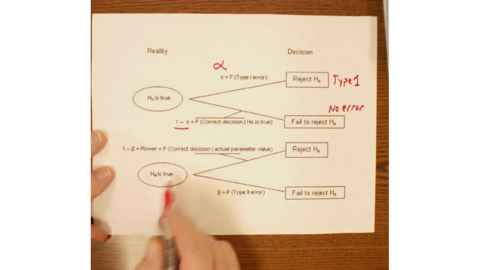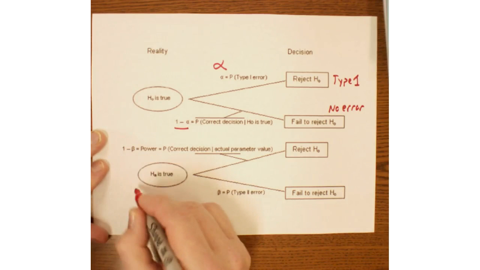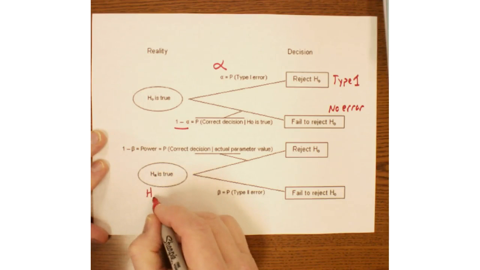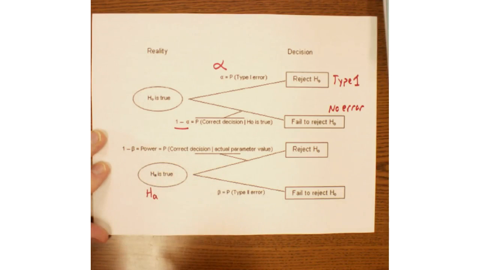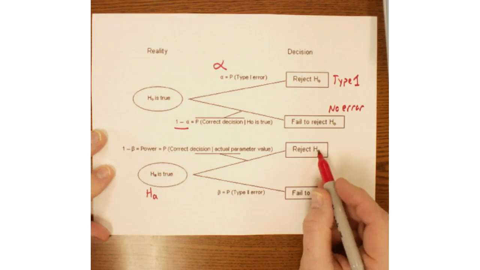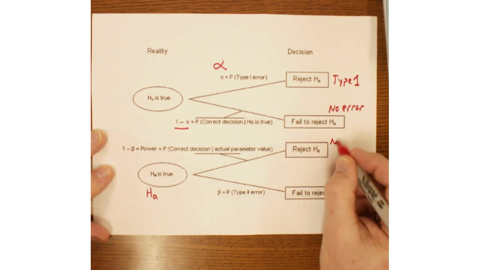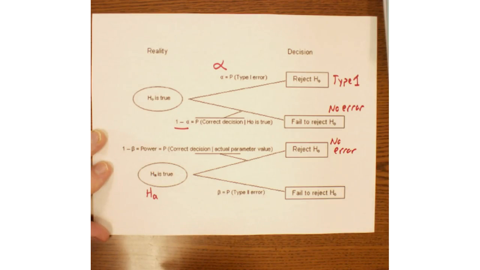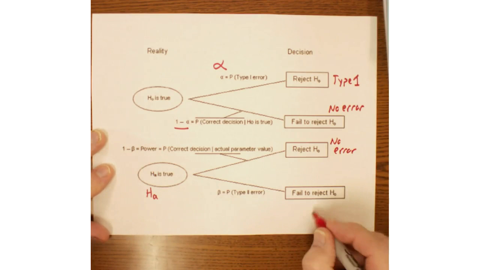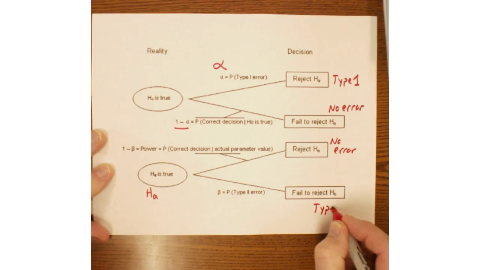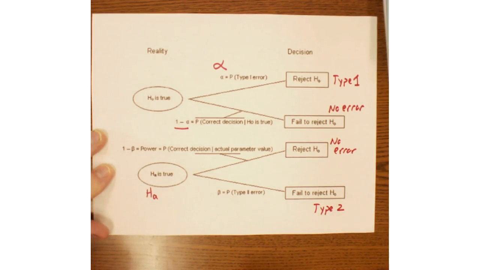Now, what if the alternate is true? This is HA, which might be a little bit hard to see. That is HA. If you rejected the null hypothesis when HA is true, there is no error there. That's a good decision. But if you failed to reject, this would be a type 2 error.